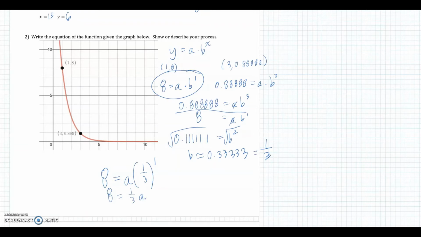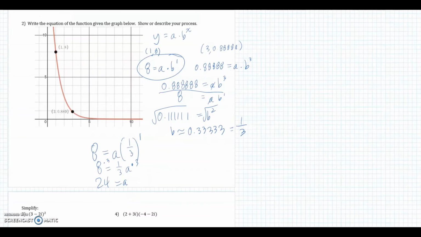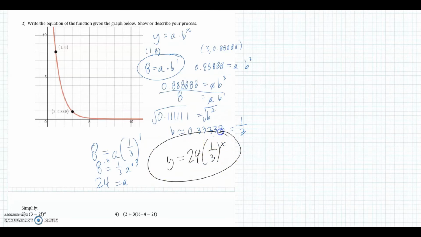To eliminate that, I can divide by 1/3 or multiply by 3 on both sides. So I end up with 24 equals a. So final answer would be y equals 24 times 1/3 to the x. Smart idea? Put this into Desmos and graph and see if the points 1, 8 and 3, 0.889 are on the graph.